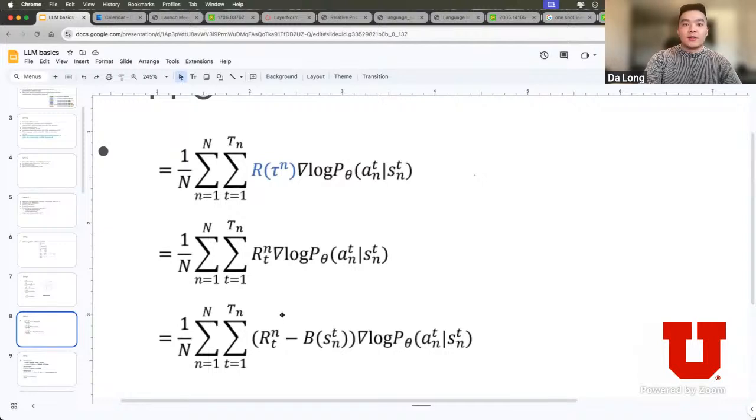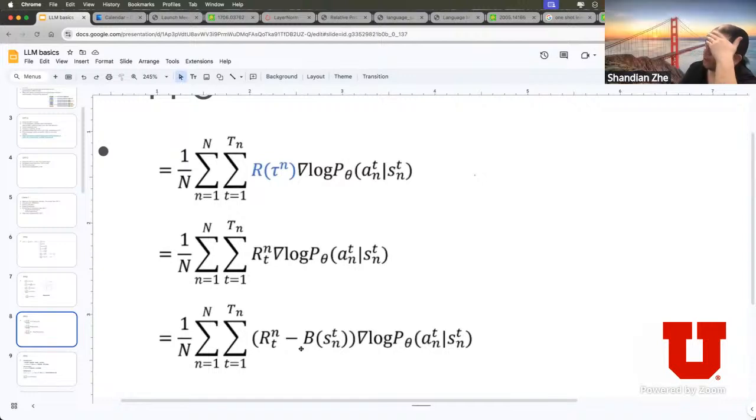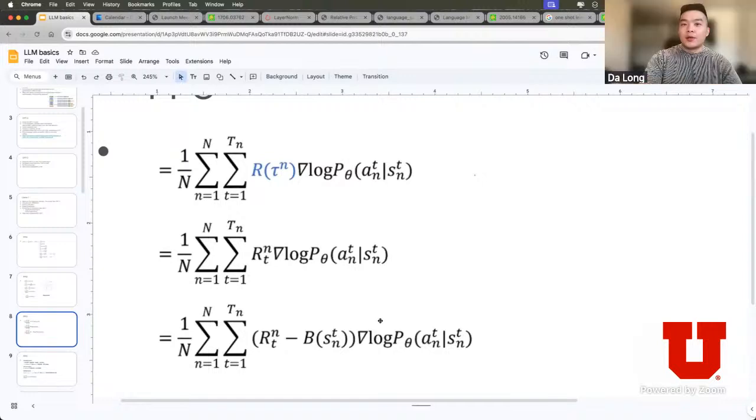So that's why they introduced the B here. The B is the base reward, like the average reward over the current state. So you want to calculate the advantage over the base reward. How they get the base reward, I will introduce later. The base reward is over all of the possible actions, so you can see the input to the base is just the current state.